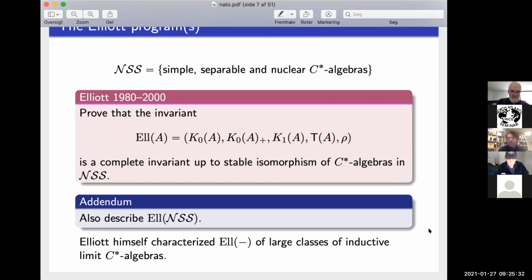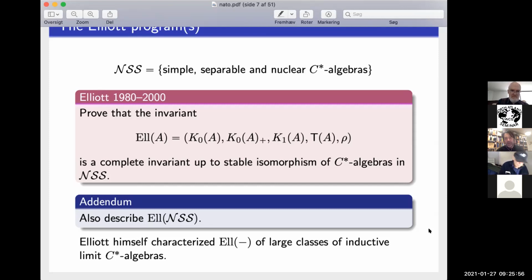Sorry, there is a question. Yes? Do you mean just NSS or NUSS? Do you assume unital or not? Here, I wouldn't need a... that's a little bit up for debate. I think probably it should be unital or stabilization of something unital.